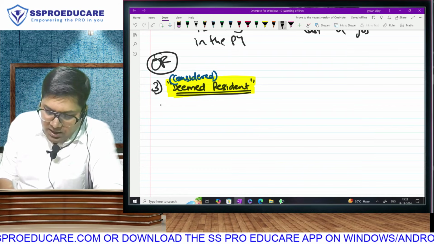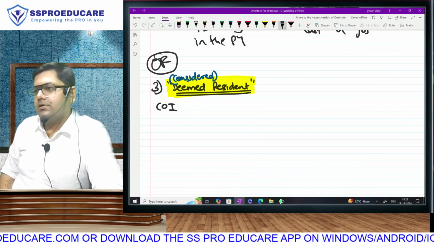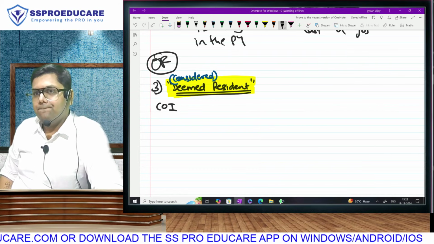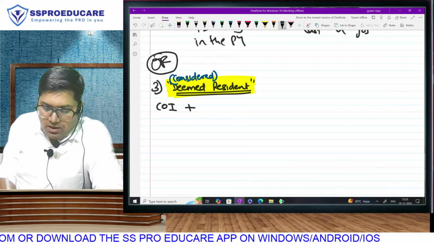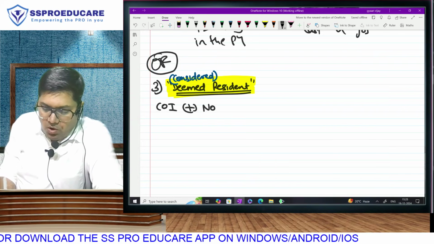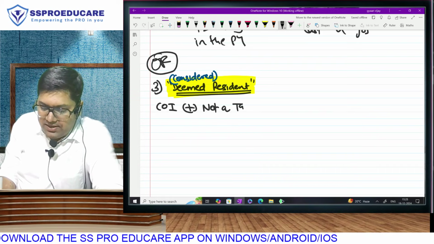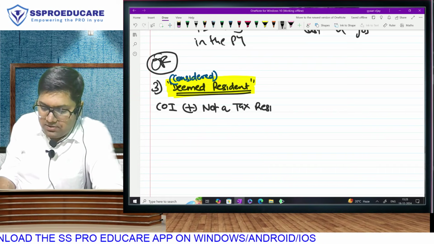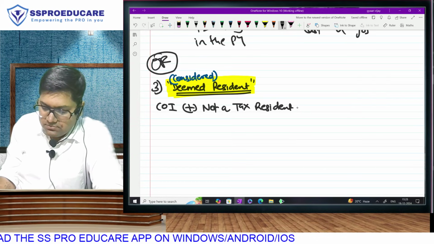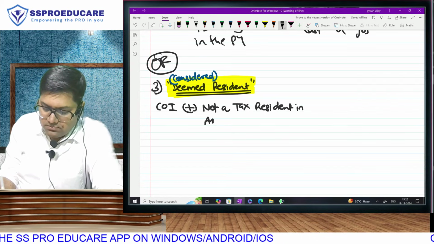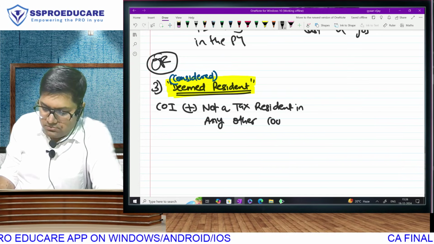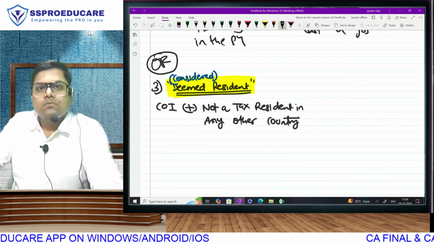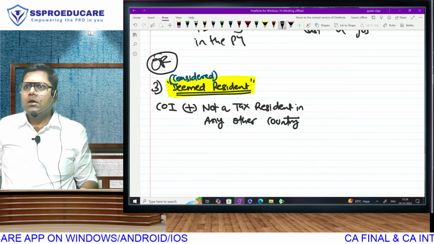If you are a citizen of India, and you are not a tax resident in any other country, so you are resident in India.